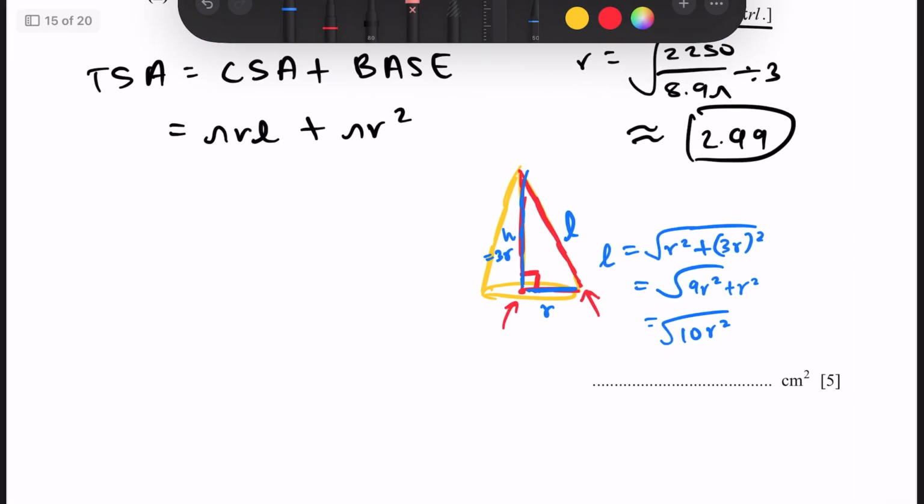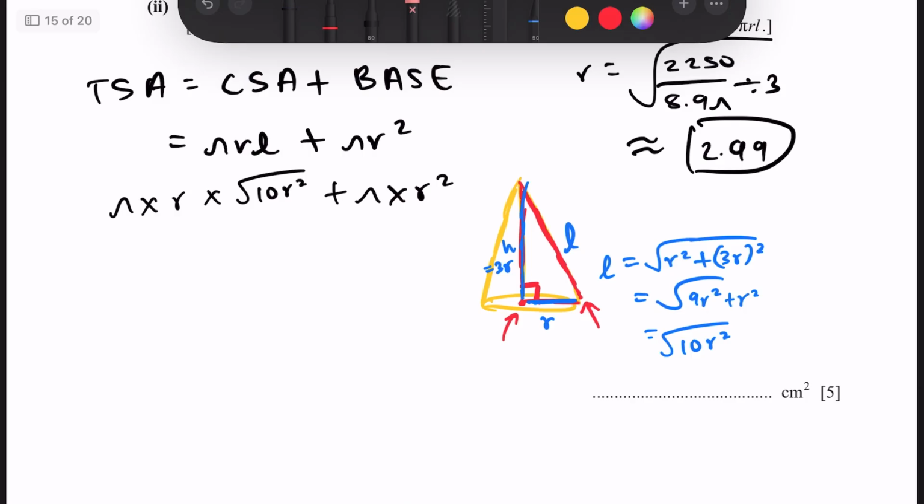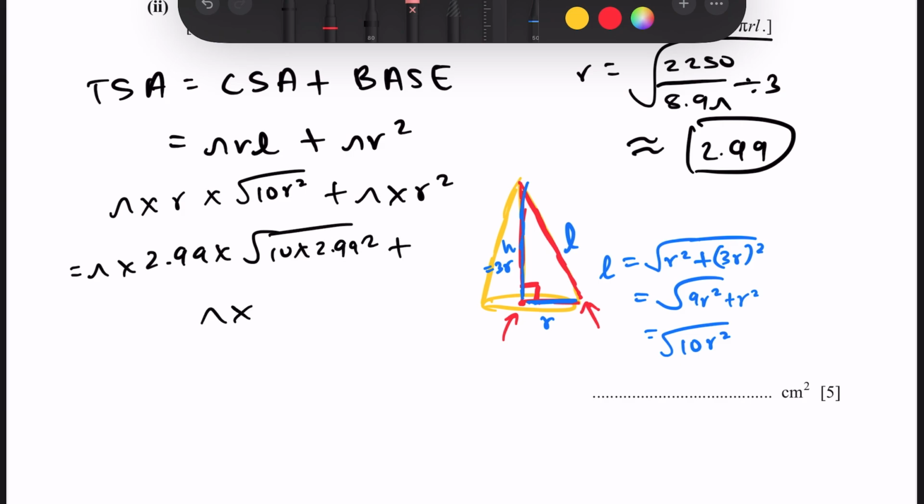Now I'll just sub this in, make it black. So this times r times pi plus pi times r square. Now let's sub in a value of r, which is 2.99. So this is equal to pi times 2.99 times the root of 10 times 2.99 square, plus pi times r square, which is equal to 2.99 square.